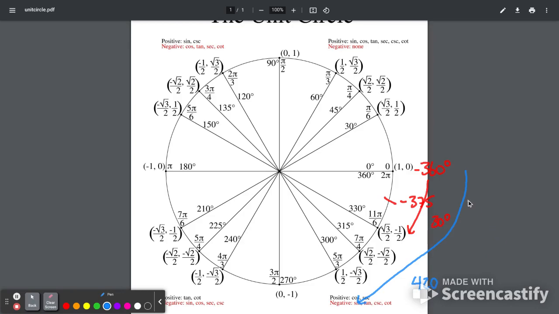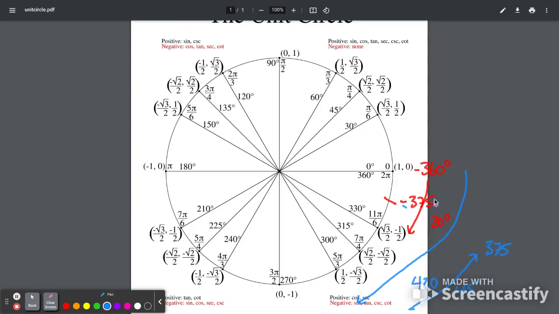Yeah, 420. And if I take away 45 degrees from that, going back 45 degrees, that would put me at 375. And that's what we needed, 375. That's this location right here.